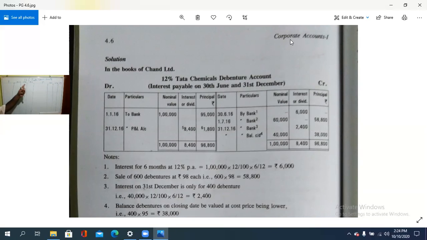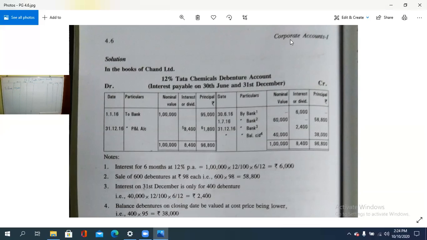So 12% Tata debenture account debit, to bank. How much is the original amount? 1,000 debentures at ₹100. That is the nominal value. 1,000 debentures at ₹100, so it is 1 lakh.